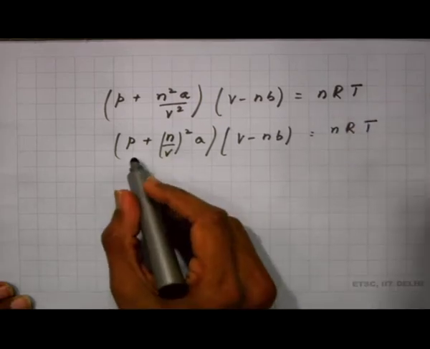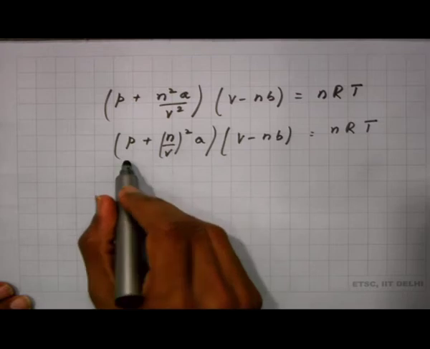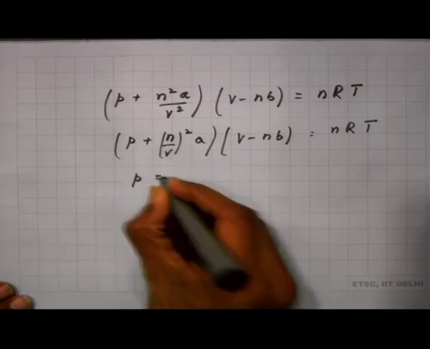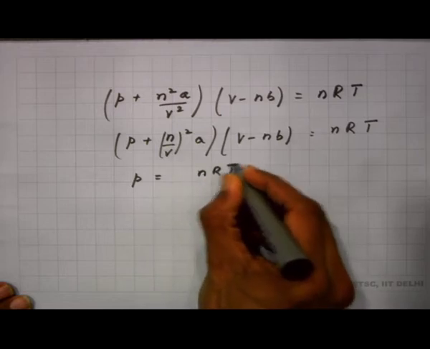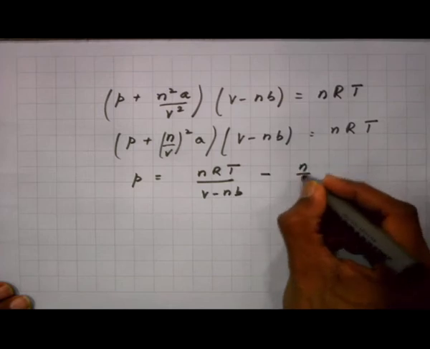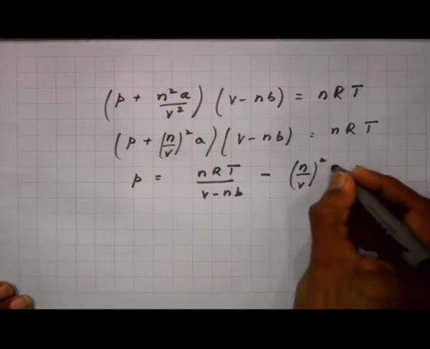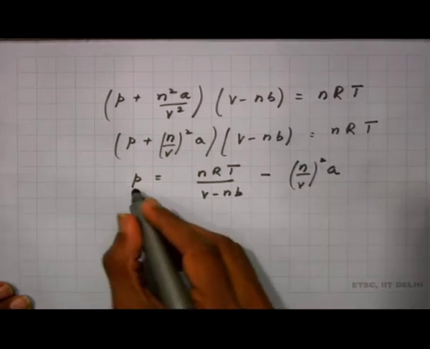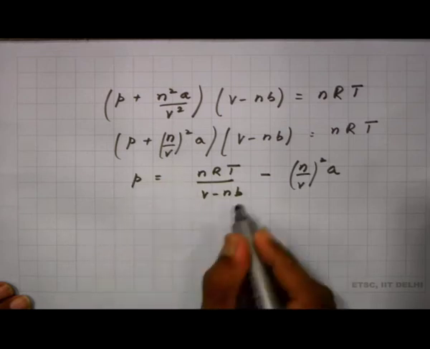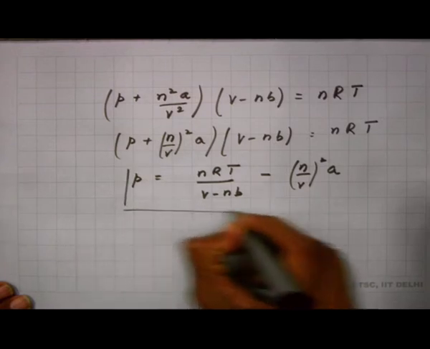Now, computing the pressure from the van der Waals equation of state is straightforward enough, because you just have to say P is equal to nRT over V minus nB, minus n over V square times A. So, you can compute the true pressure from the van der Waals equation of state by this.